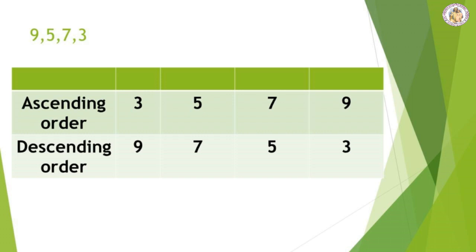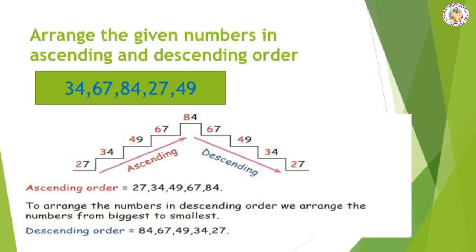Yes, ascending order means increasing. So we start from the smallest number and end with the biggest number. Next is the descending order. Descending order is nothing but the reverse of ascending order. That is 9, 7, 5, 3. Biggest to smallest number.